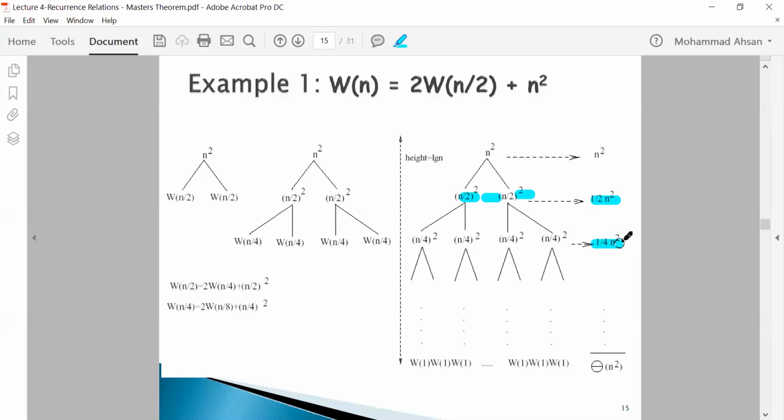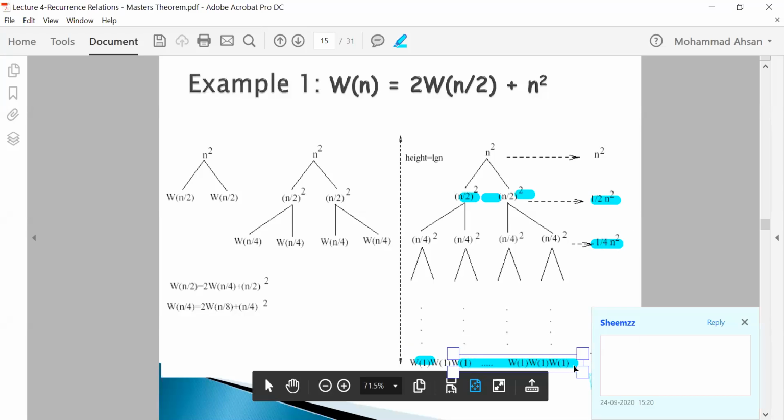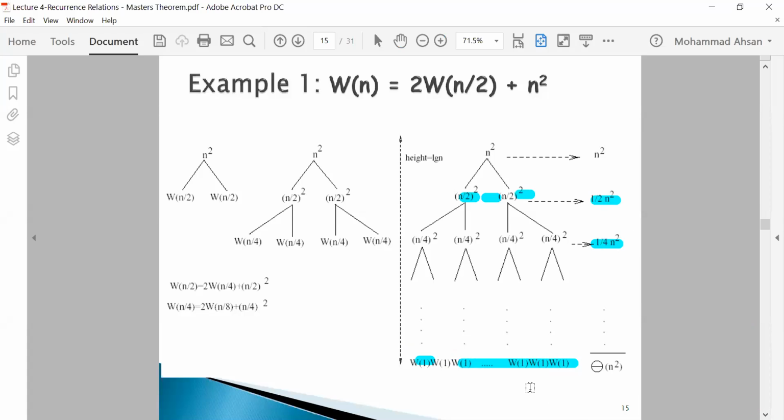Again, when will you get to this W1? When you arrive at the leaf nodes, you will get down to W1, and how many of those will you have? If you look at the left hand side here, you have Wn by 2 is twice Wn by 4 plus n by 2 whole square.